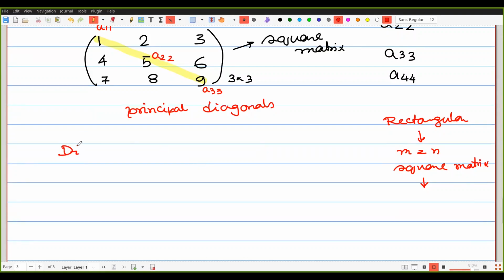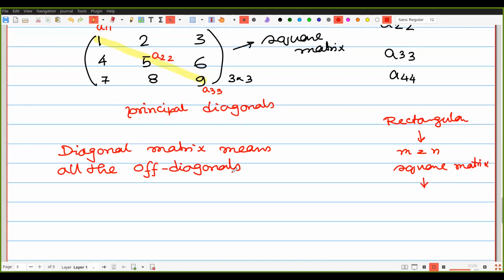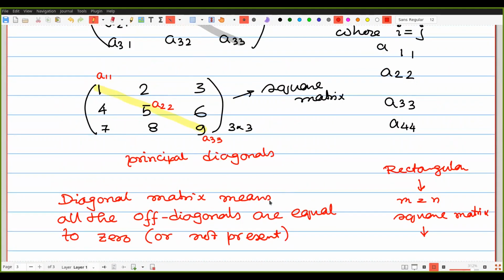Diagonal matrix means all the off diagonals are equal to 0, or not present. Why not present? That would be a different thing. Equal to 0.